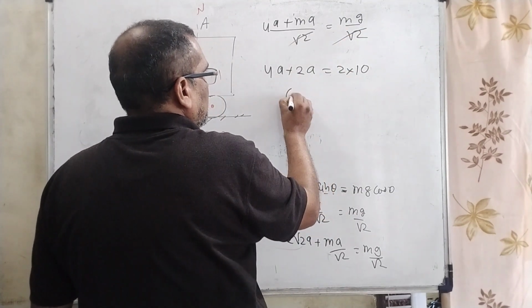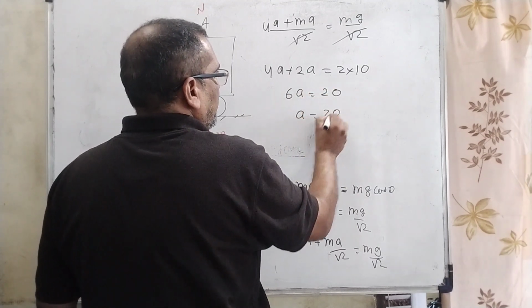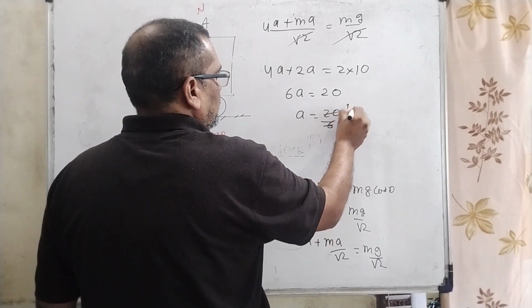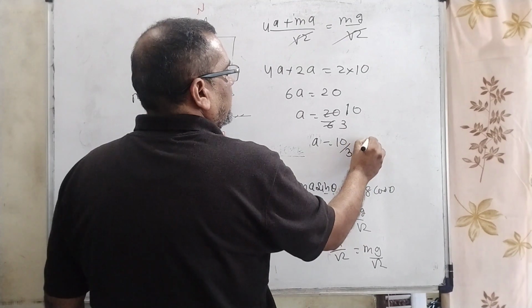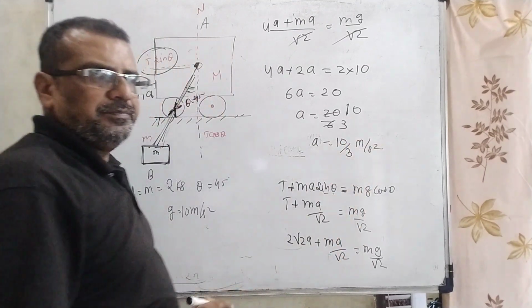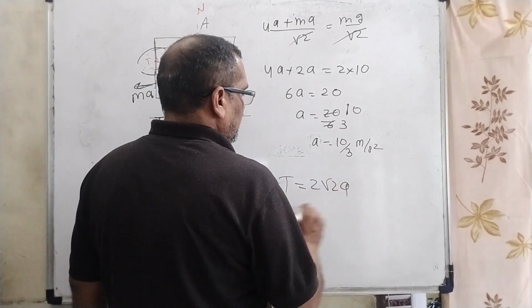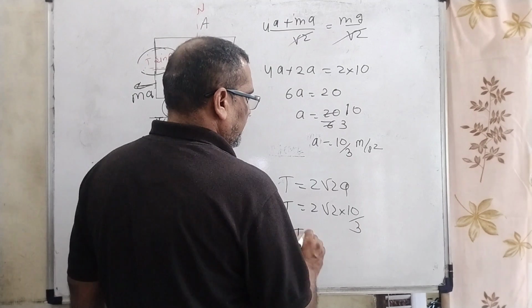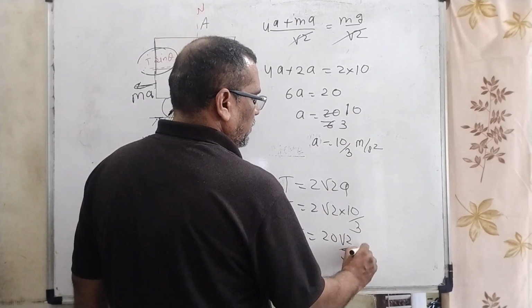So here 6a equals 20, then a equals 20 by 6, 2 threes are 6, and 2 tens are 20, then a equals 10 by 3 meter per second square. And what is T? T equals 2 root 2a, then substituting this value 10 by 3, T equals 20 root 2 by 3 Newton.